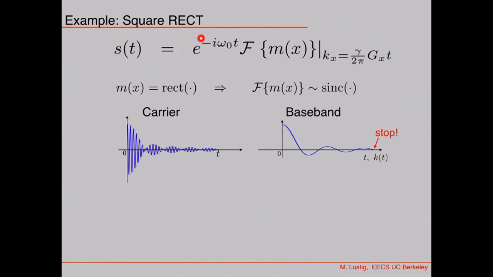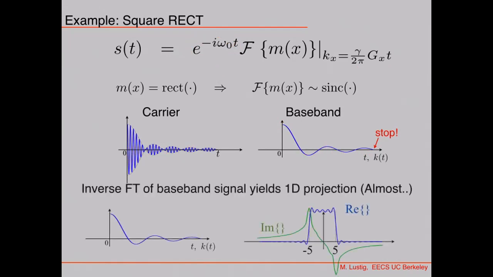If I demodulate by that factor, I get a real sinc that I collect. Then if I take a Fourier transform of the signal, I almost get the image back, but not perfectly, because I only got half of its frequency domain as opposed to both sides. Okay, does that make sense?